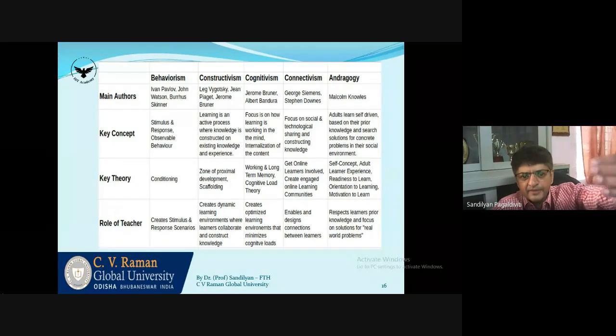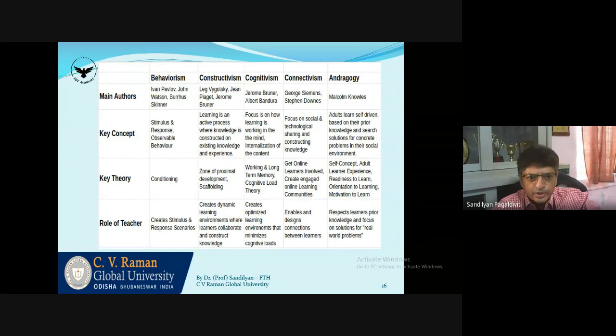Yeah, again, I have given a little bit of the gist of some of the leading authors on each of these theories. You can note down the names of these authors. What is the key theory all about that I have shared? For example, behaviorism, the key concept is stimulus and response.